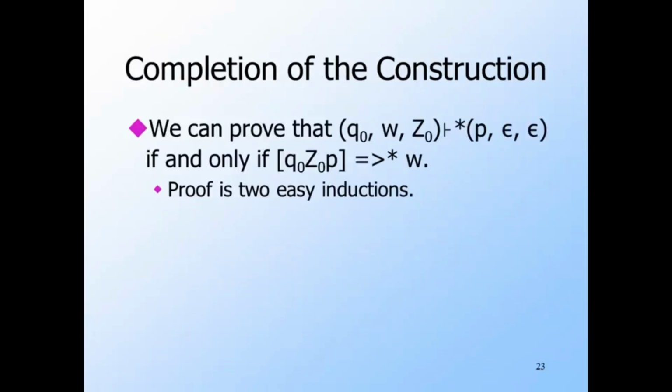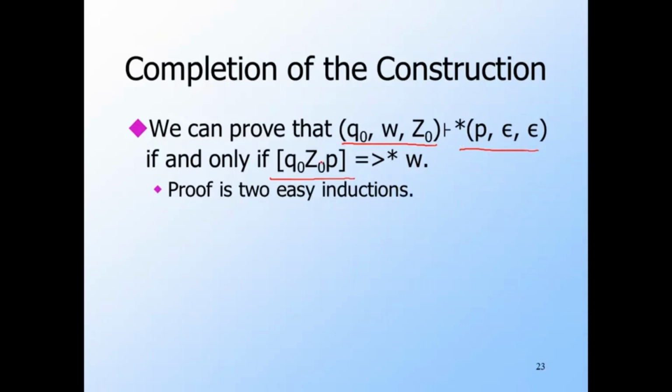With productions constructed in this manner, we can prove that P accepts W by empty stack. That is, the ID Q0 W Z0 goes to P epsilon epsilon if and only if the variable Q0 Z0 P derives W. We're not going to give the proof.